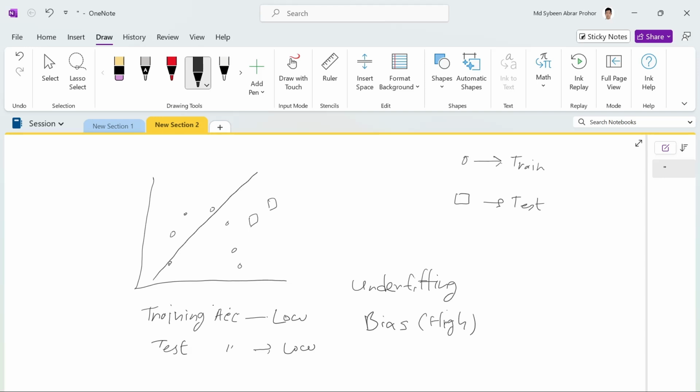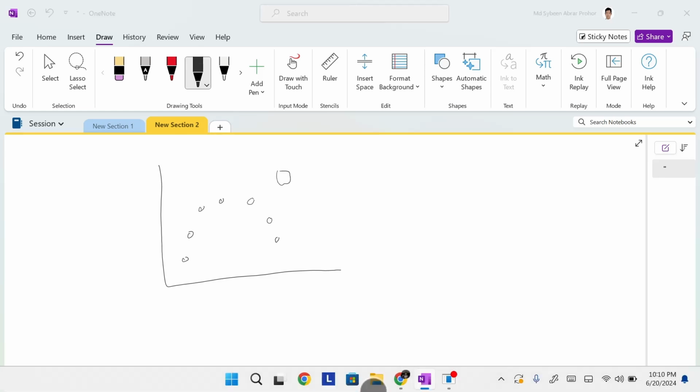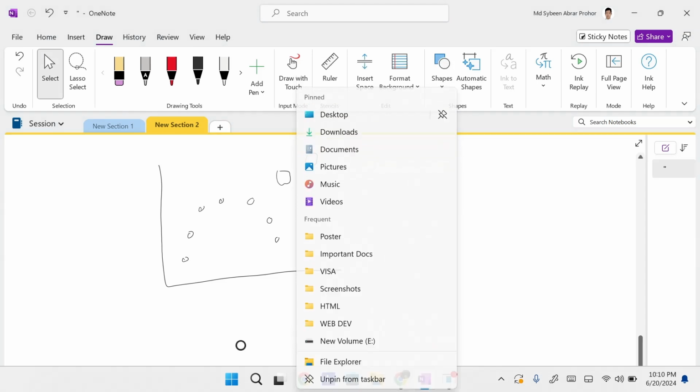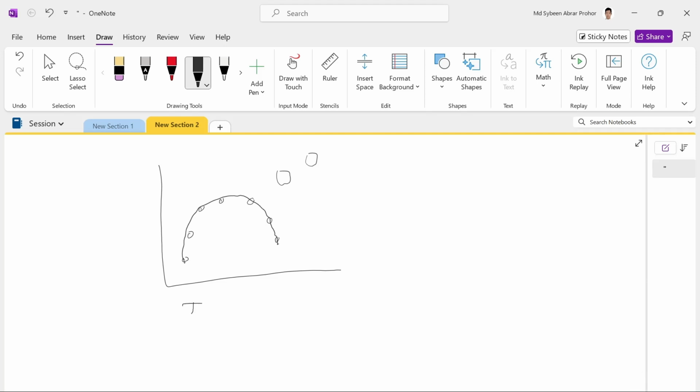So the bias is very high in case of underfitting. And now moving on to overfitting, this is our training data and this is the test, and the accuracy or result will be like this. As you can see, our training accuracy is very high, but our test accuracy is very low.